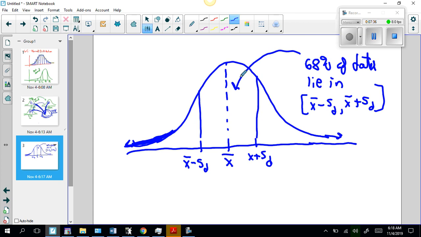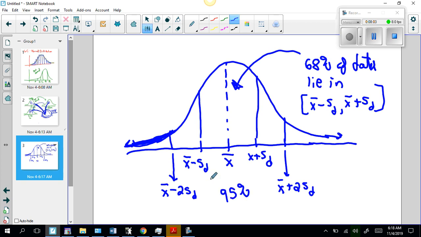This was a combination of calculus and statistics that came together to prove this, but you just remember 68. Then 95% of the data lies between x bar minus 2 standard deviations and x bar plus 2 standard deviations. You just have to remember 95% lies in that interval.